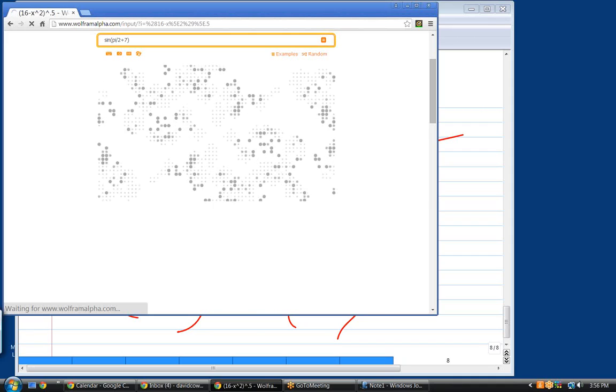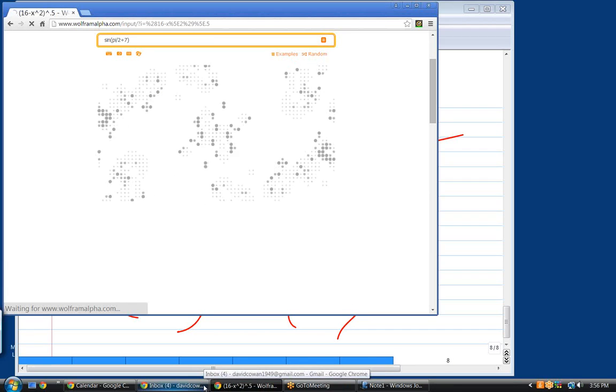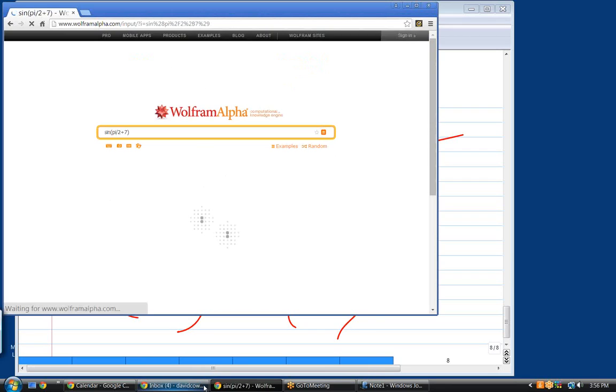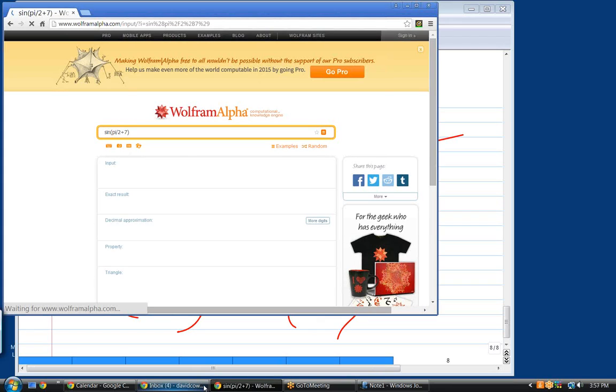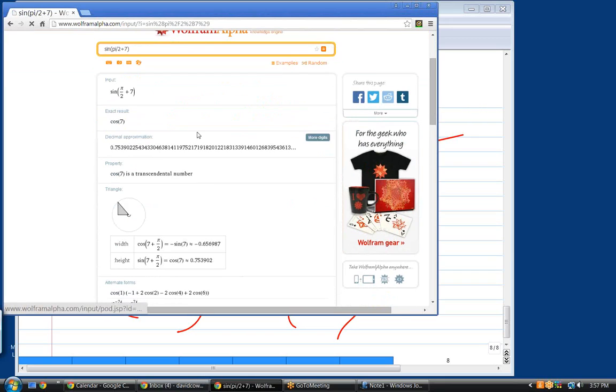I know that GoToMeeting uses a lot of my RAM, but it doesn't want to do this, does it? Finally gave me something. Yeah, there it is. Same as the cosine of 7. It's 0.7539. So it can be done this way.